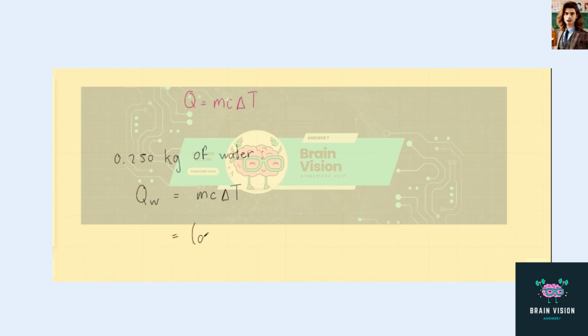So we have 0.25 kgs of water times its specific heat capacity, 4190 joules per kg Kelvin, multiplied by a change in temperature of 30 degrees Celsius minus its initial temperature of 75 degrees Celsius.